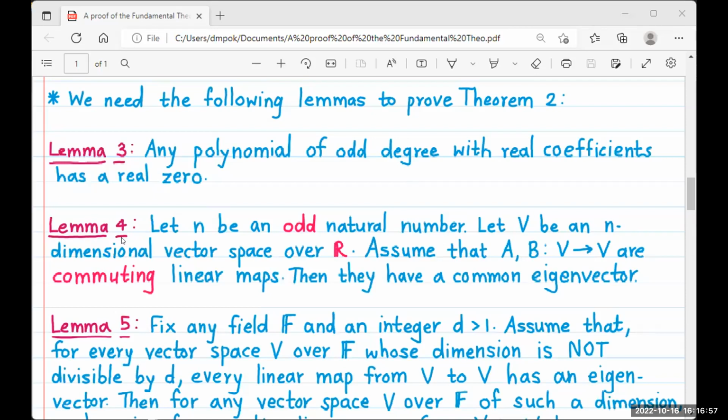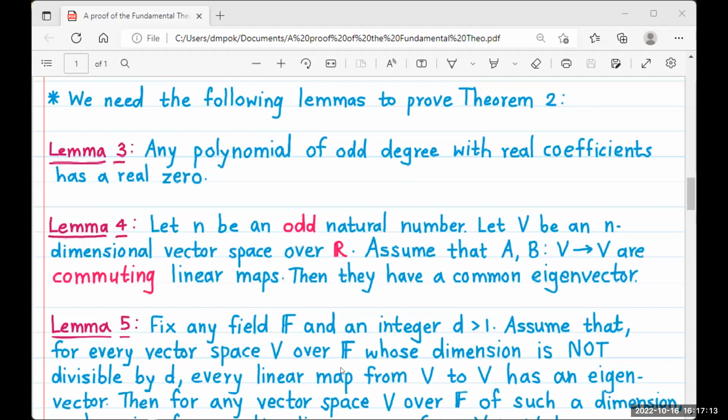And what is the conclusion in lemma 4? That in such a case, if you take two commuting linear maps from V to V, then they have a common eigenvector. So we want to generalize this lemma 4 in lemma 5.